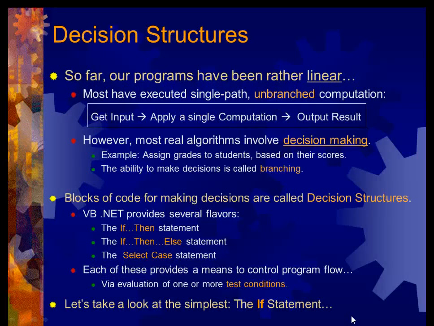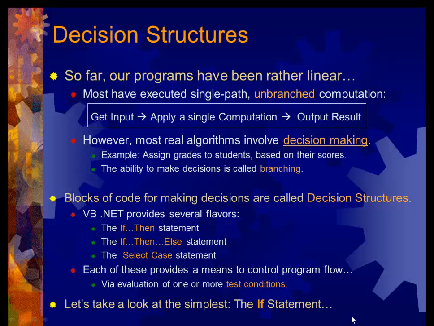So far our programs have been rather linear. Most have executed a single path, unbranched computation. You can imagine what we mean by unbranched: no decision node. We get the input and we apply a single computation to get an output result.